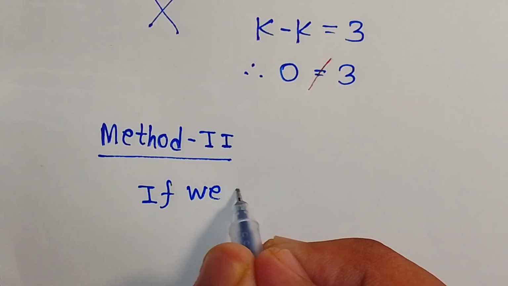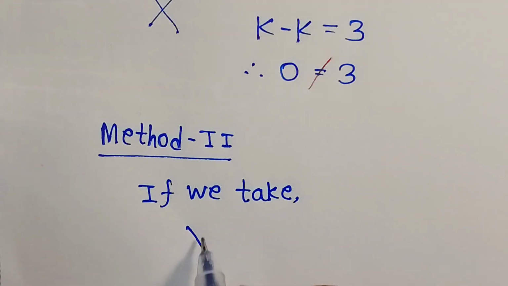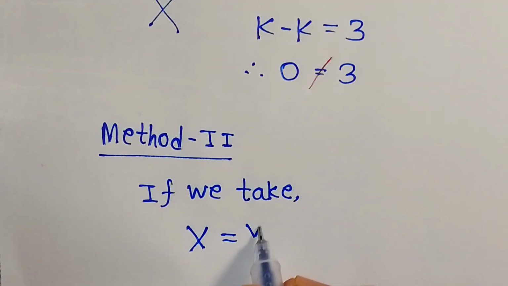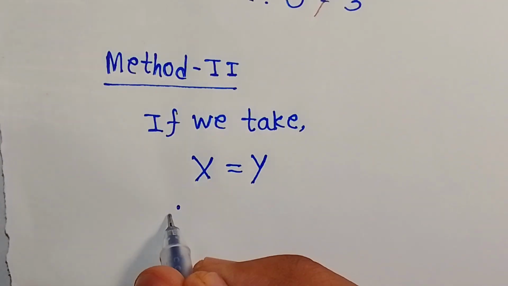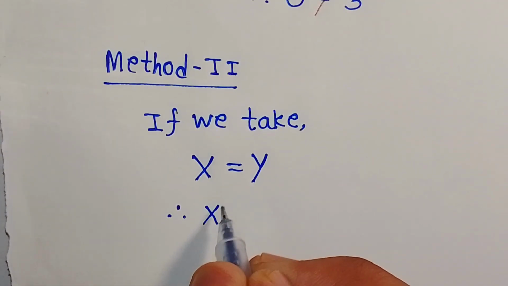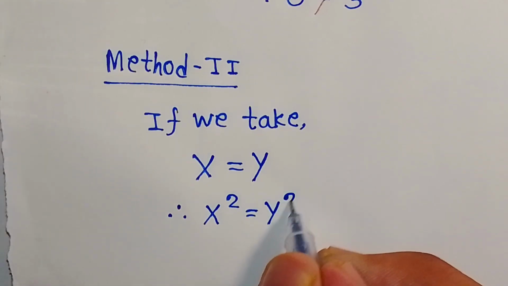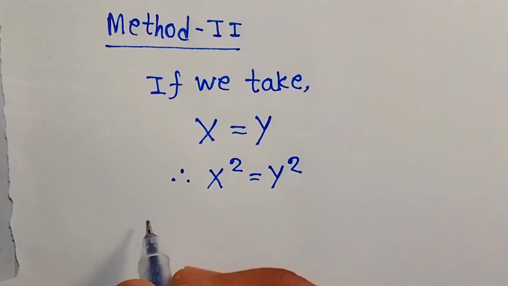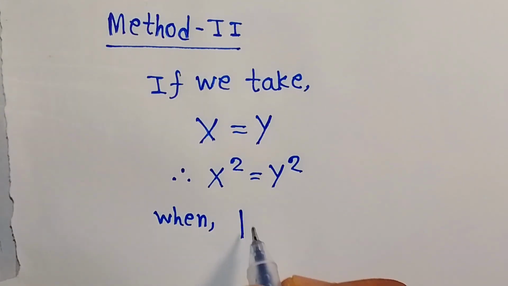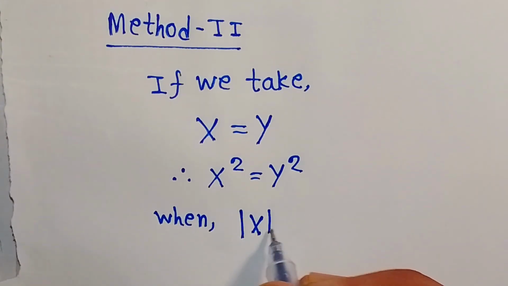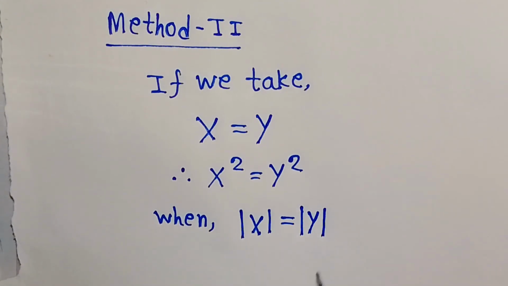So at first we are respecting the mathematical rules, then we can take x is equal to y, so we can square both sides, then we can easily write x square is equal to y square. When this is the first case, the modulus of x is equal to the modulus of y.